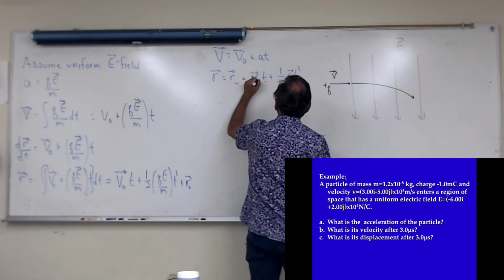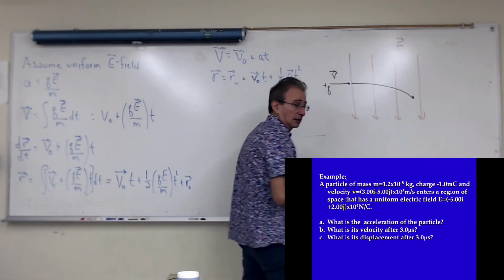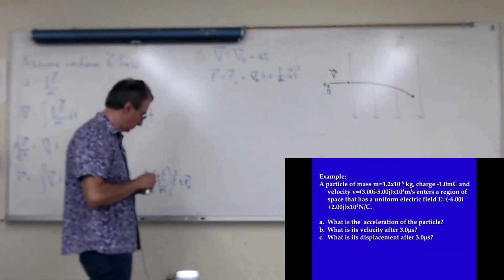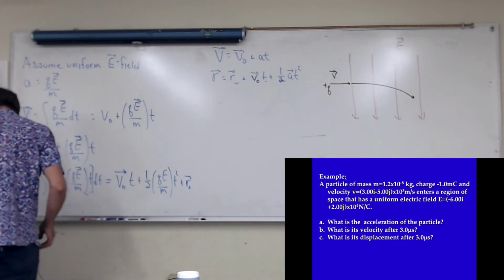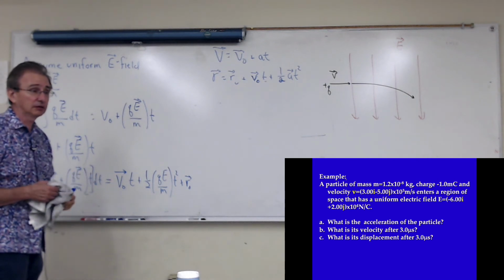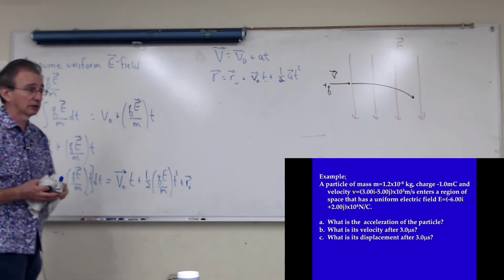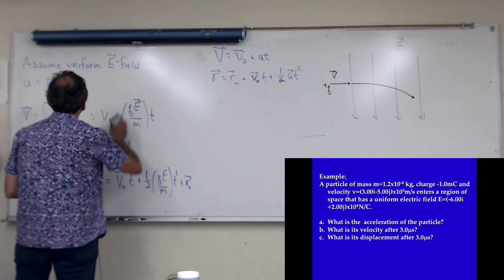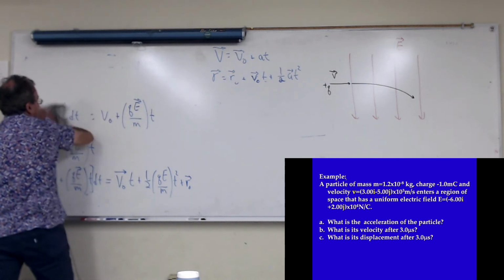And basically, this is a plug and chug problem, by the way. So in this problem that you see on the screen, you have a charged particle in a uniform field. And let me write down some of the quantities.